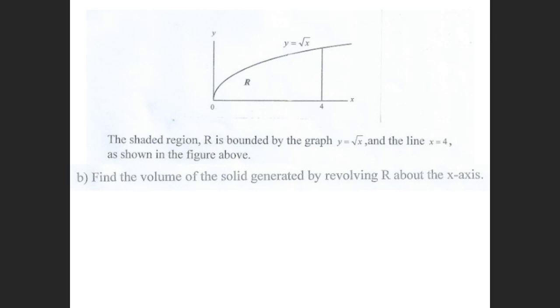Part A was to find the volume of the solid with the given base being rectangles. This time, part B says find the volume of the solid generated by revolving R about the x-axis. I want you to work on this as much as you can and see what you get for an answer. Do not use a calculator to come up with an answer here, okay?